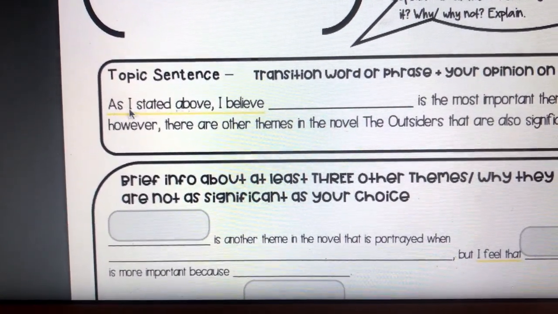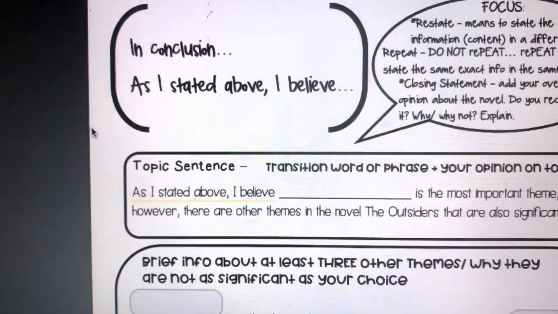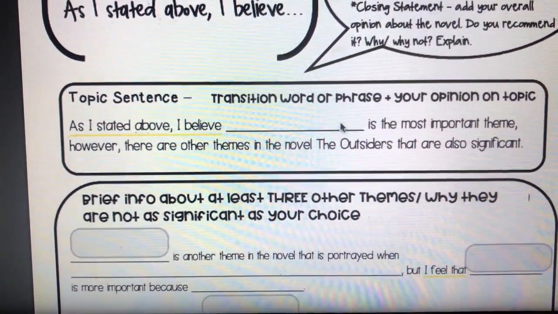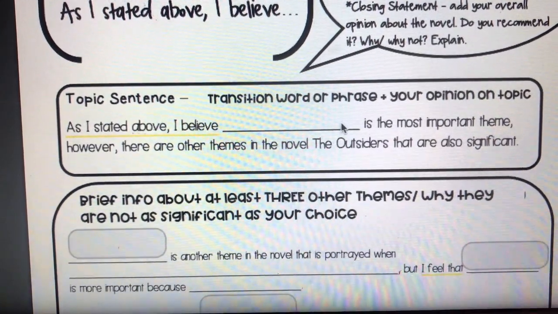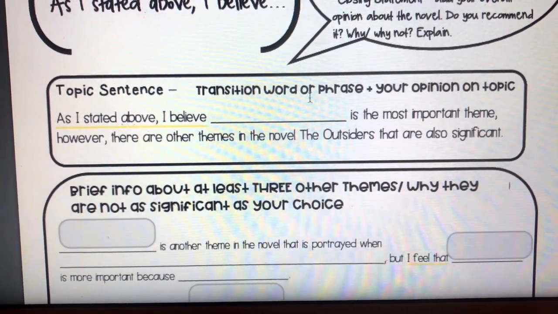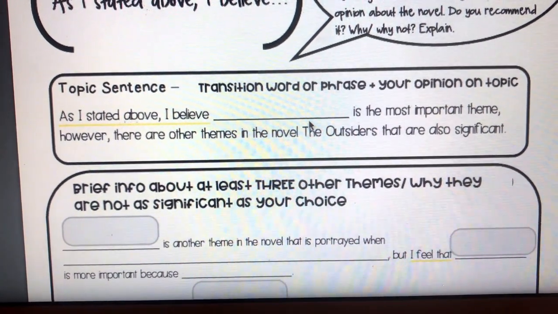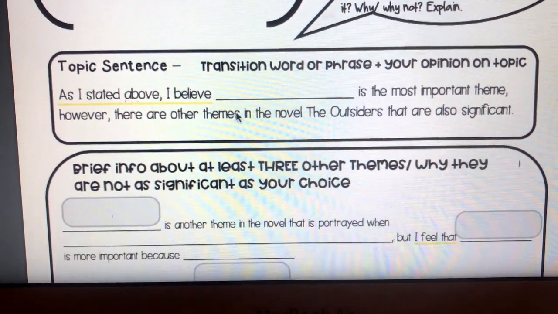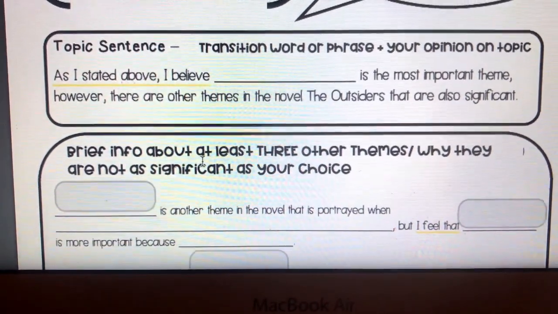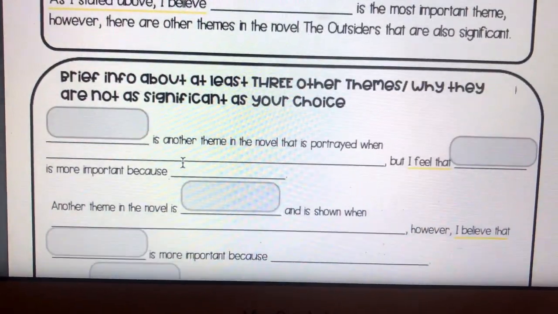So here, I've underlined a key phrase that I've used, included my opinion on the topic, and a transition word or phrase. Okay, this is also important because you are introducing the next part of this.